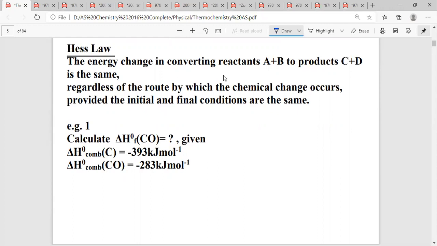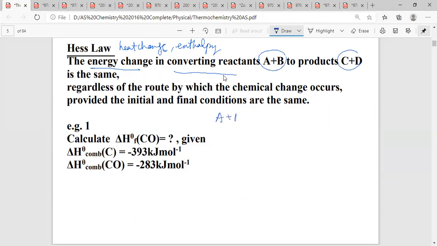So Hess Law states that the energy change or the heat change or the enthalpy change in converting reactants A plus B to products C plus D. I know that Cambridge will give you reagents to products, but it's better because we are like this now, A plus B to give you C plus D.